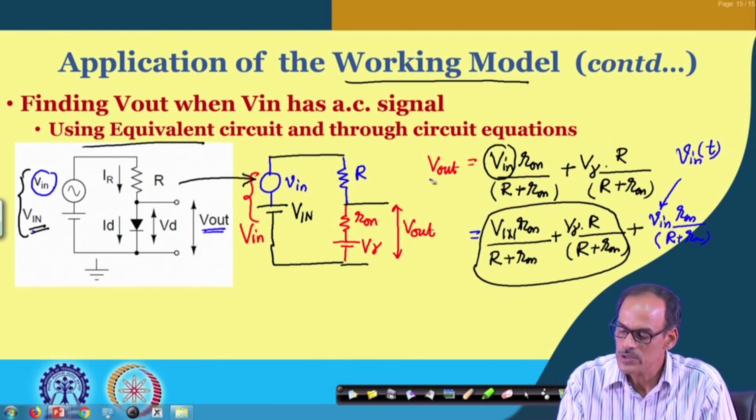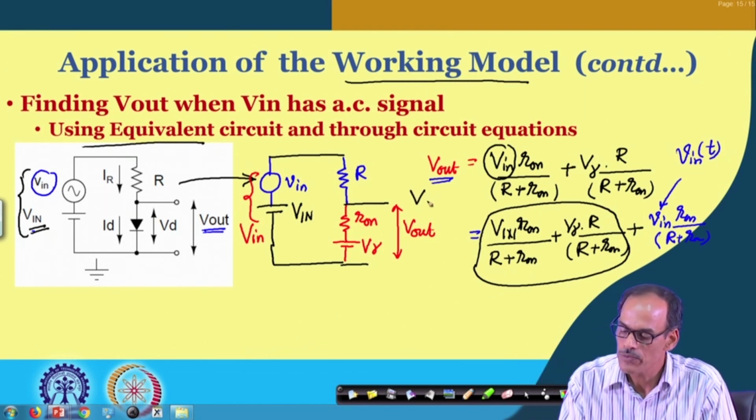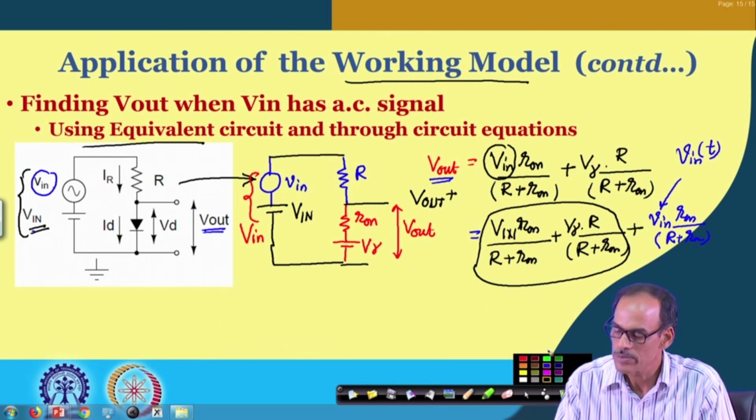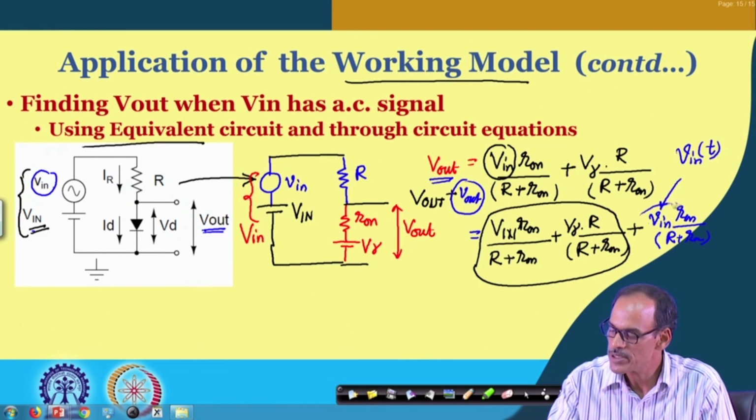So, this V out you may say has two parts, namely V out capital plus small signal V out. This small signal V out is basically this part.